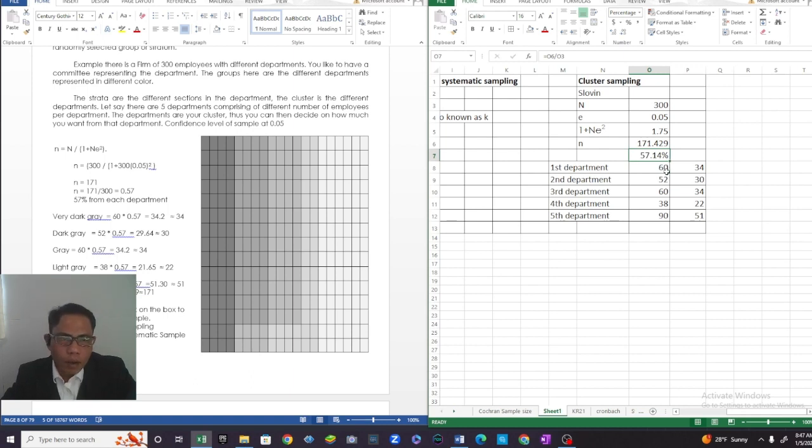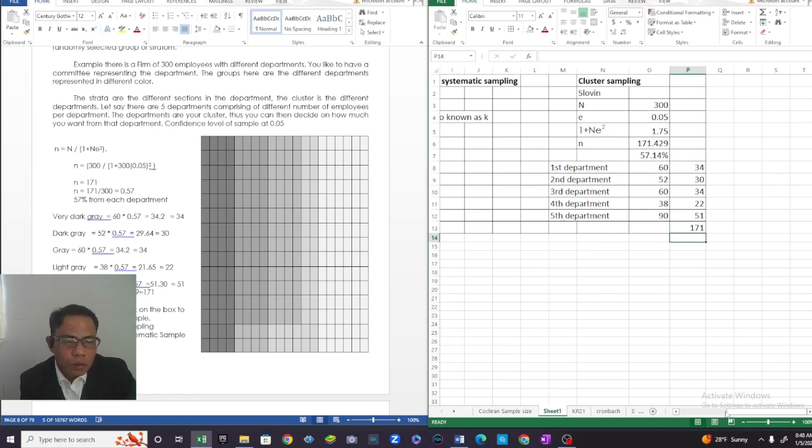So we only need 57% of each department, and that equals 60 multiplied by our percent. So we have 34 respondents, 30, 34, 22, and 51, which will be equal to 171.